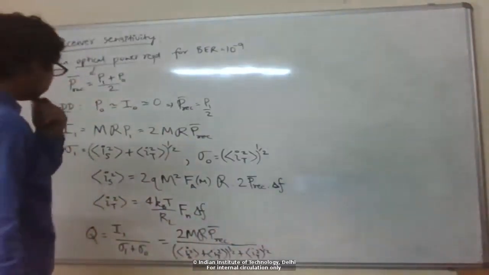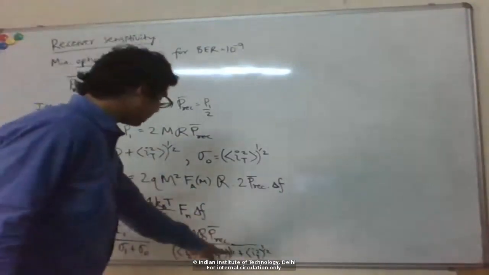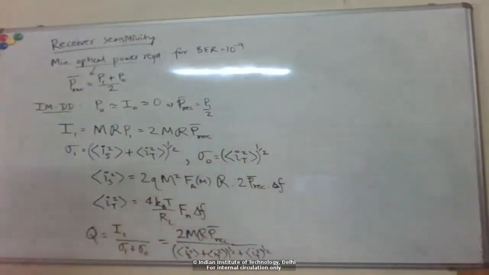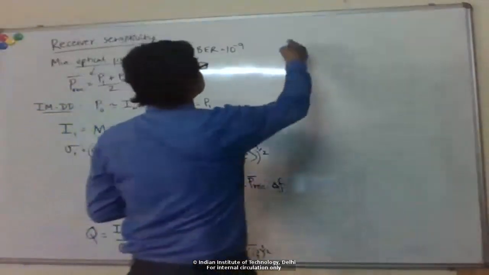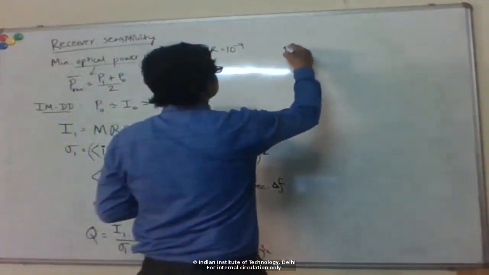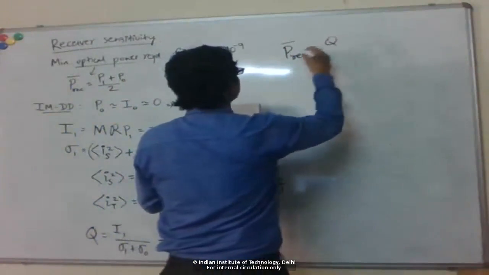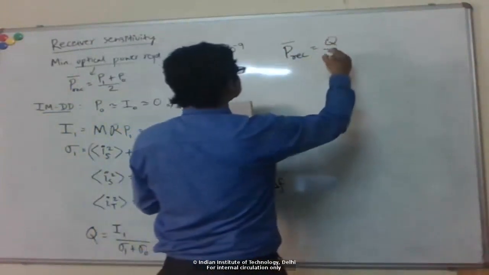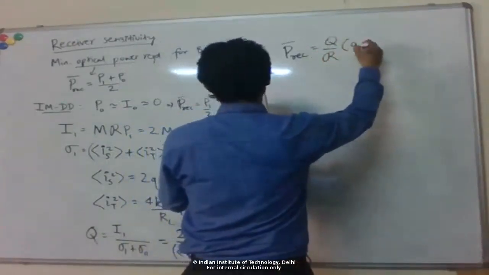So you can solve that. You get some sort of quadratic kind of equation because you have a square root here, right? But anyway, it's not straightforward to solve. So you get the average optical power that we need to receive for a given Q factor. Scales like this.